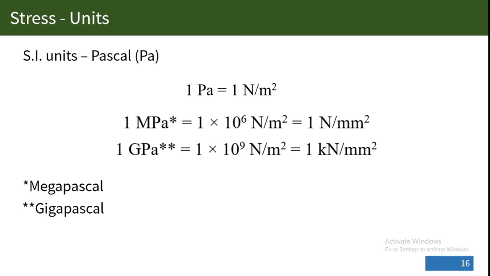And 1 GPa, or gigapascal, is 1 billion Newton per meter squared, or 1 kilonewton per millimeter squared. You will be encountering these units more often, or even always, throughout this course when we are designing machine elements.